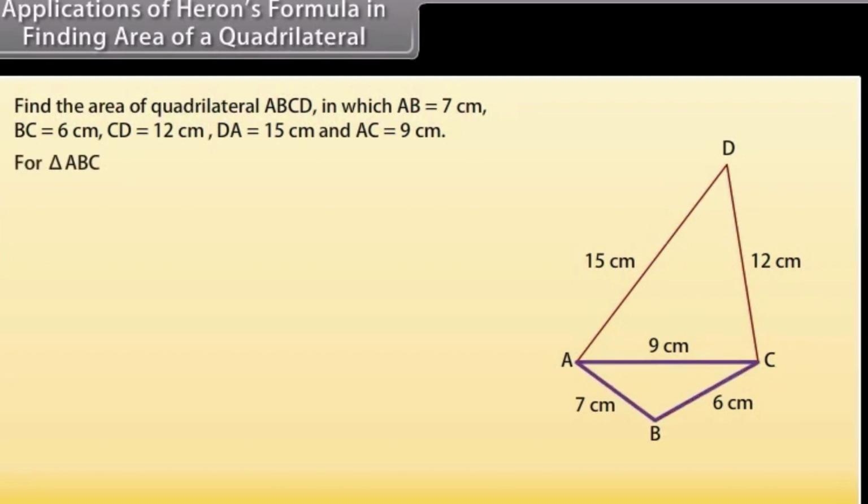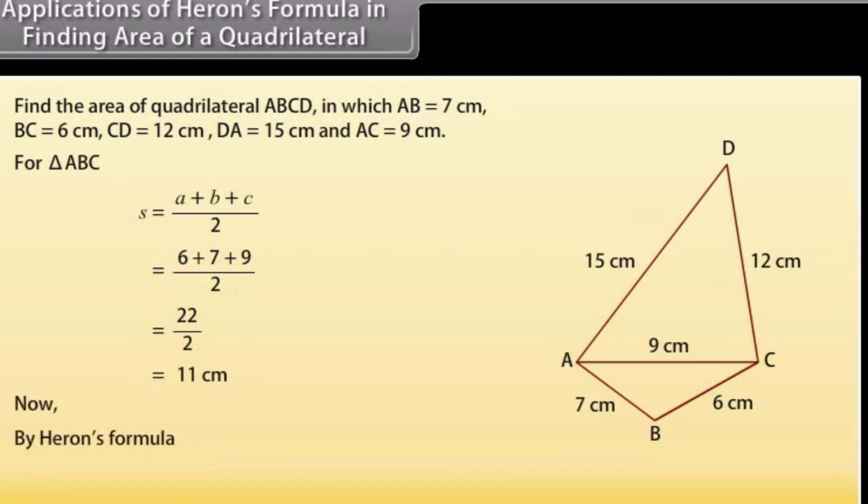For triangle ABC, S is equal to (a plus b plus c) whole upon 2, which is equal to (6 plus 7 plus 9) whole upon 2, which equals 22 upon 2, which is 11 cm. Now, by Heron's formula, area is equal to square root of S into (S minus a) into (S minus b) into (S minus c).